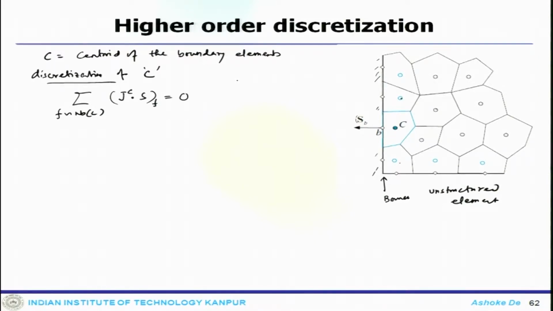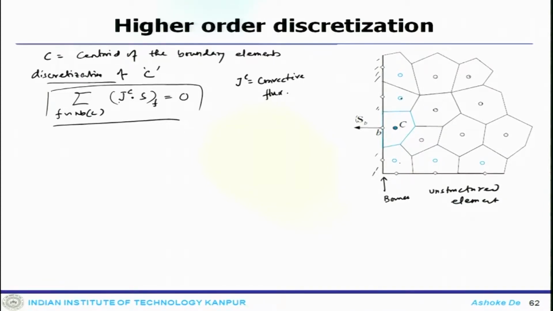So, J_C stands for convective flux only. The interior faces are also discretized using the similar expression, but they are independent. Any interior faces can be discretized using the same expression, but they are free from these boundary elements. Now, here one face is exposed to the boundary.